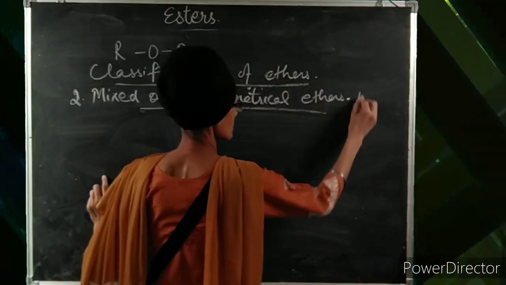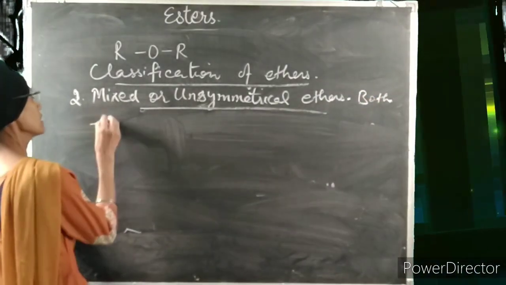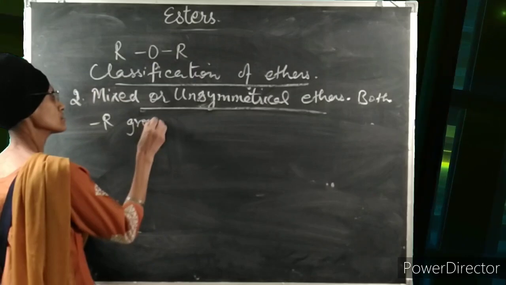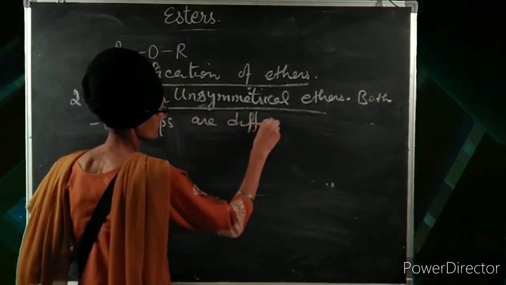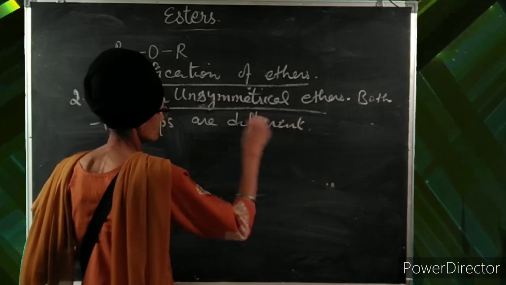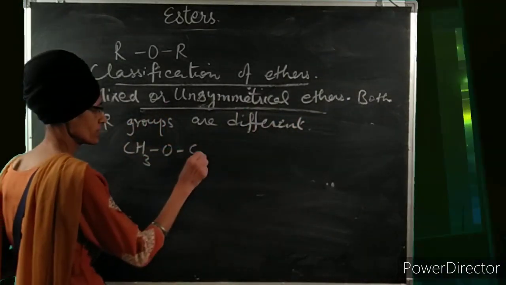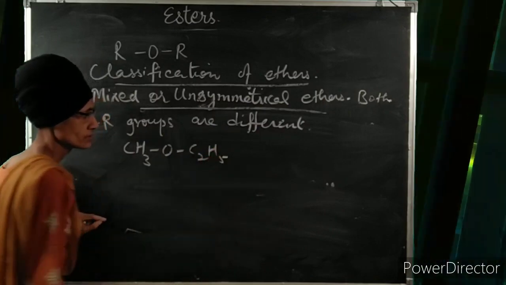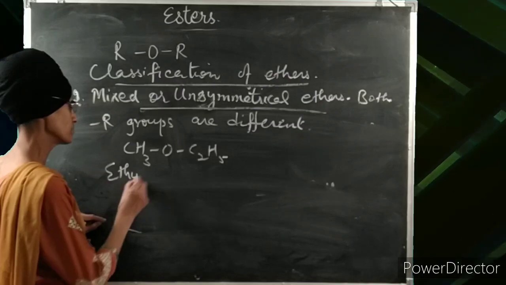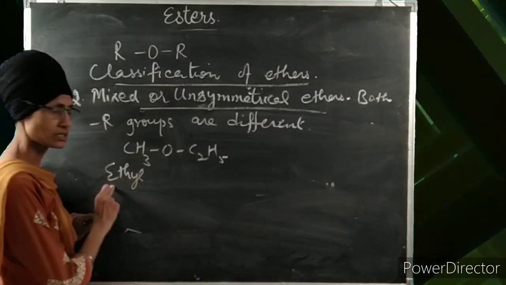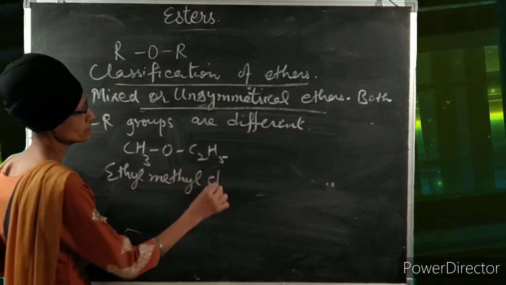So let us take an example. We can take methyl on one side of oxygen and ethyl on the other side. The name will be ethyl methyl ether. Alphabetically we take E first, ethyl first, methyl afterwards.